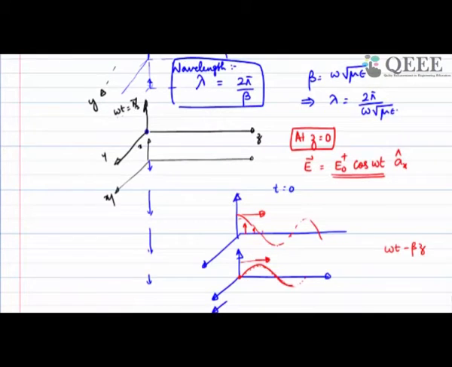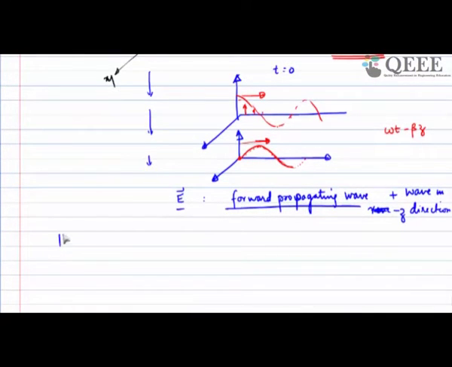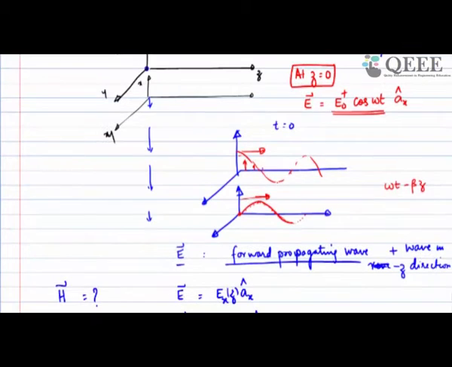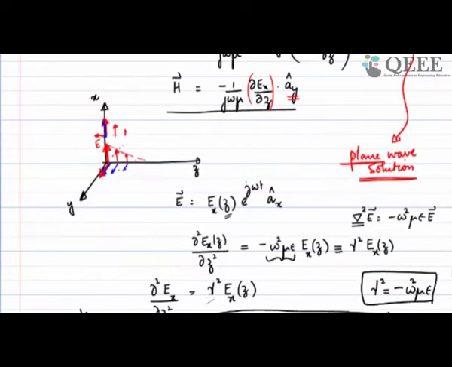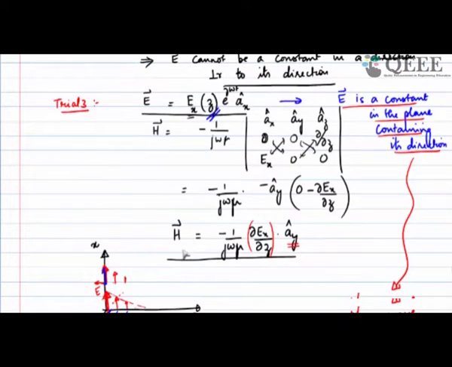The next thing to do is to figure out what is H. E is a wave. The question we are asking is, is H also a wave? Now if my E is Ex as a function of Ax, my H we figured is Hy as a function of Ay, because we wrote down the determinant and figured that H has only the y component.